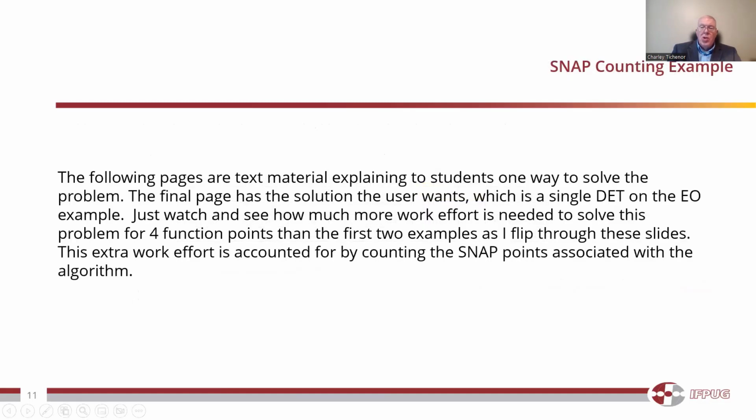Now the following pages are text materials to explain to students how to solve this. I'm just going to flip through this, but the point is to see how much more complex it is to perform this calculation rather than the first 2, which is a simple addition, and then, for a high school student taking trig, a relatively simple trig problem.